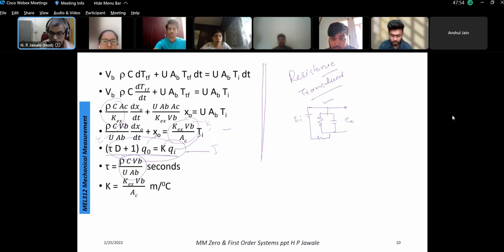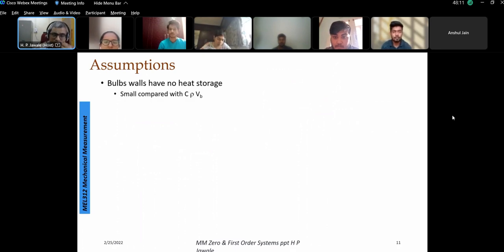So the very first step is to arrive at which category the measurement system falls into: zero, first order, second order, or higher order system. The assumptions made here for the thermometer are that there is no heat storage in the wall.